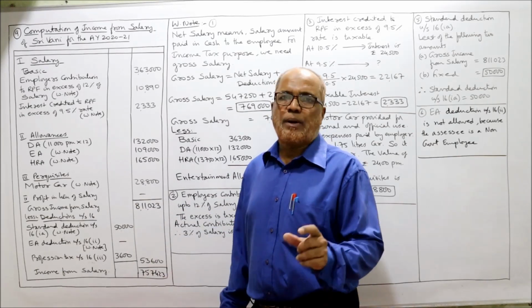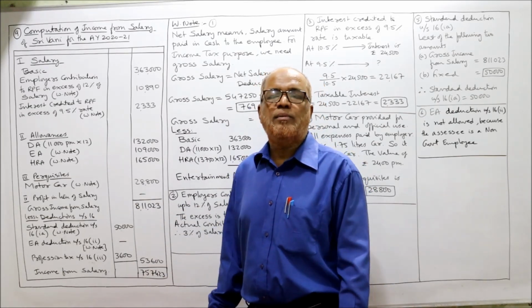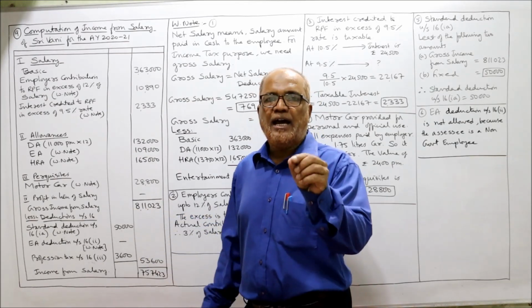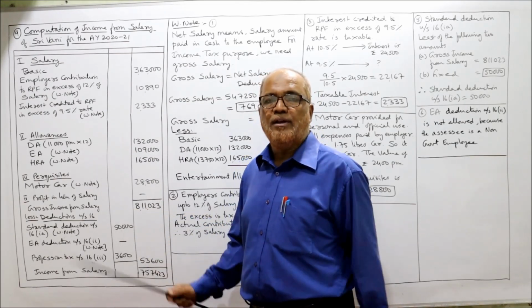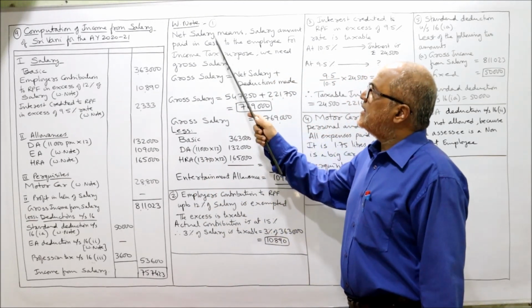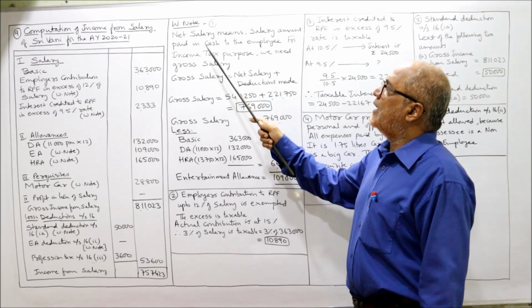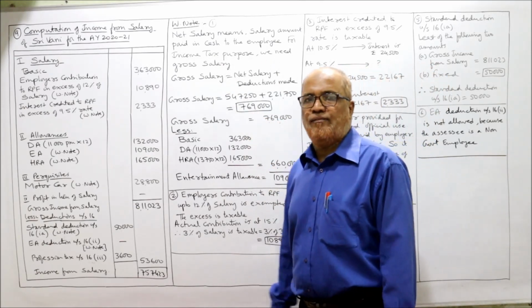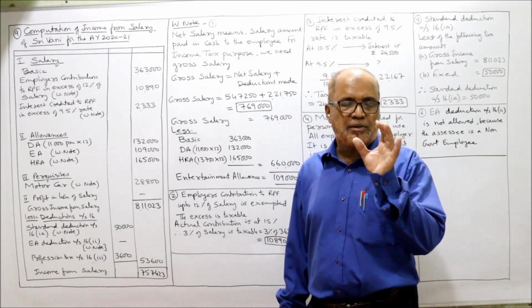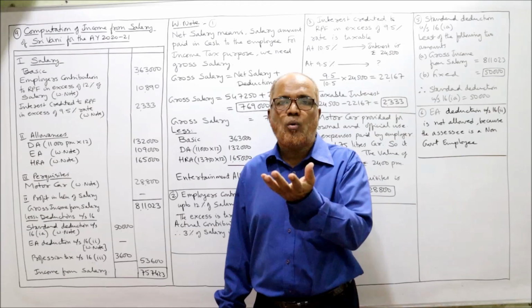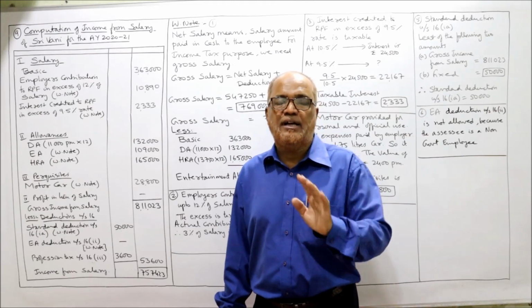Now, DA. Dearness allowance is given in the problem, 11,000 per month into 12, 1,32,000. EA, entertainment allowance, is not given. That we have to find out in the working note. Net salary means the salary paid, the amount paid in cash to the employee. For income tax purpose, we need gross salary. First of all, you should be clear in your mind that for income tax purpose, we don't require net salary after deductions.